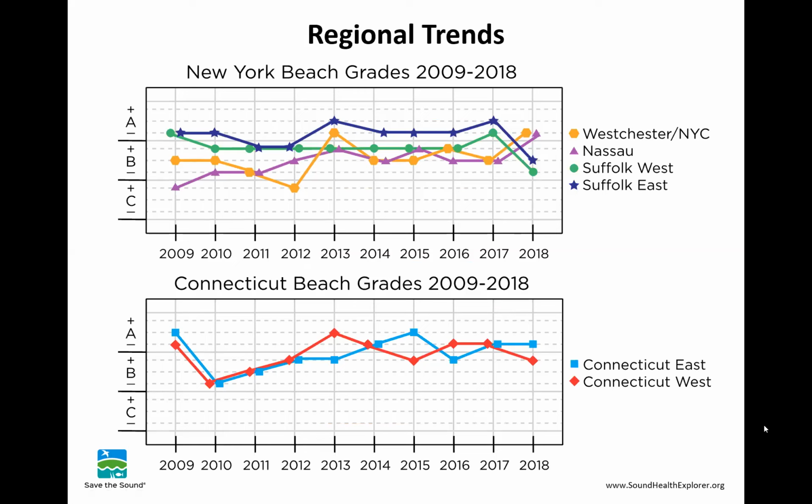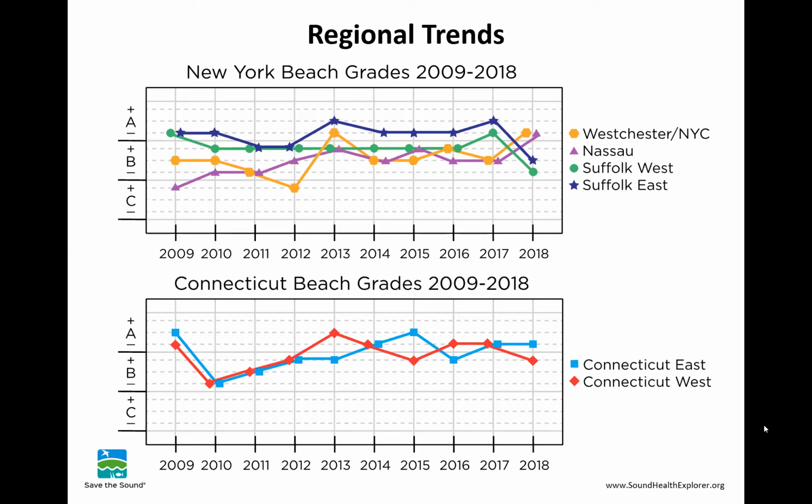So then this is my last chart. This one is showing people how the regions are doing and how they compare to one another. Fortunately, the beach grades are good enough that we only went to a C with our chart. There was no point in putting D's and F's because none of the regions dipped down that far.